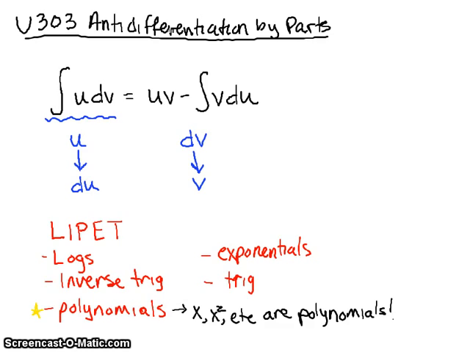An example of what this might look like is if we are trying to antidifferentiate x cosine of x. The first thing I would want you to think about is, does plain old u substitution work?